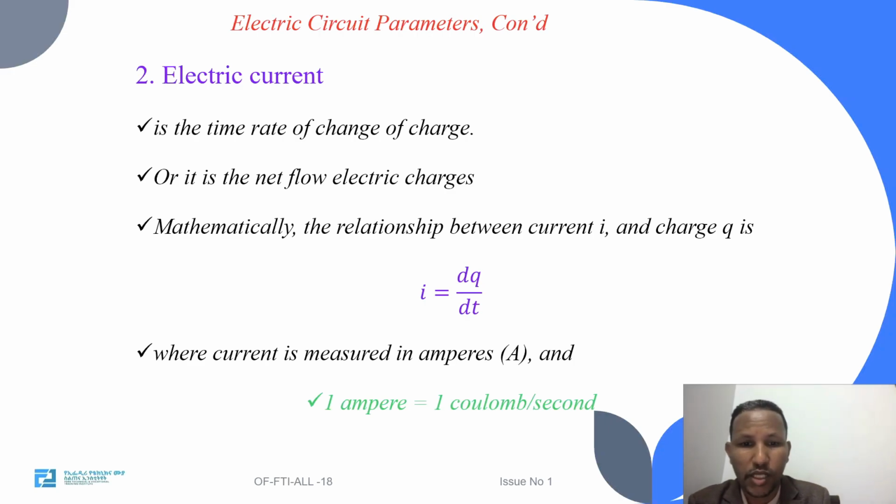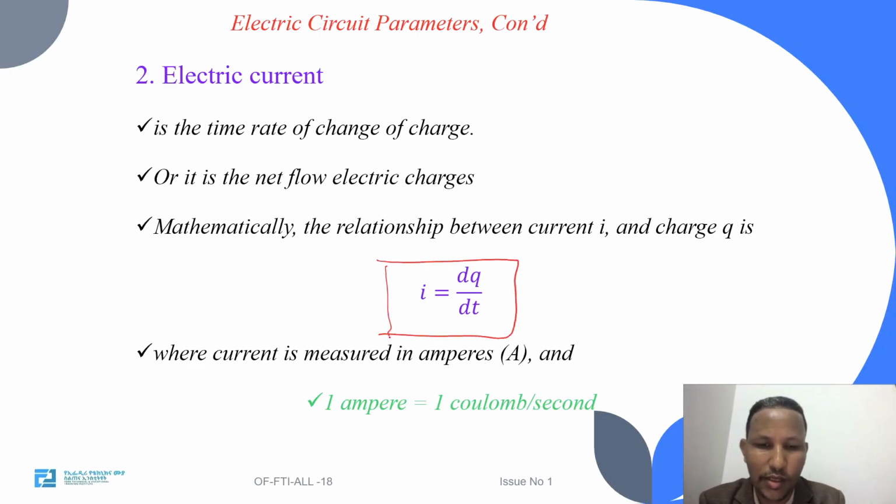Mathematically, current is given by the time rate of change of charge, or the time derivative of charge, where current is measured in amperes. One ampere means one coulomb per second, since the unit of charge is the coulomb and the unit of time is the second.